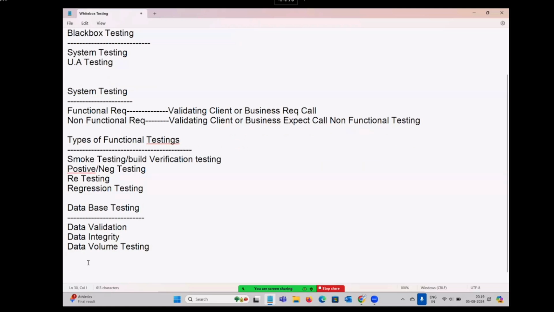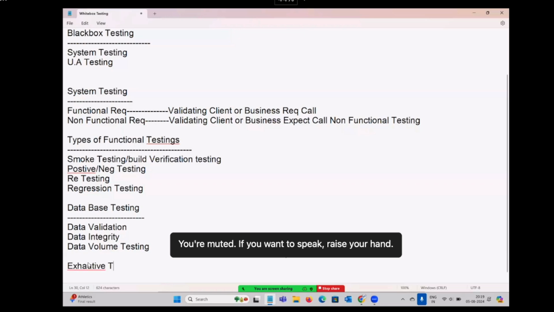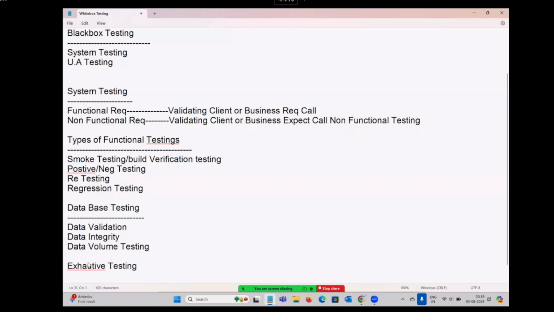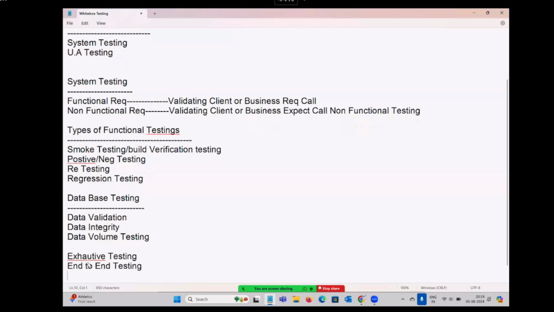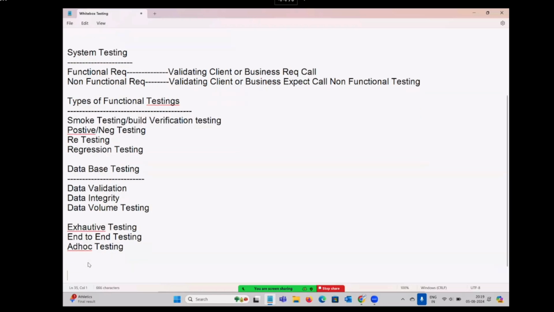Next, exhaustive testing. Next, end-to-end testing. And finally, ad hoc testing.